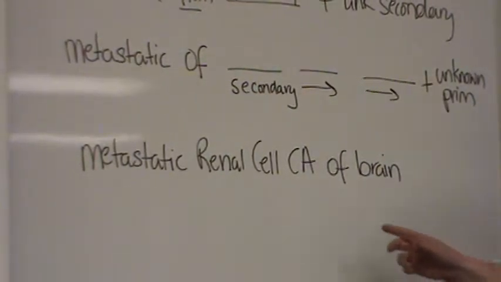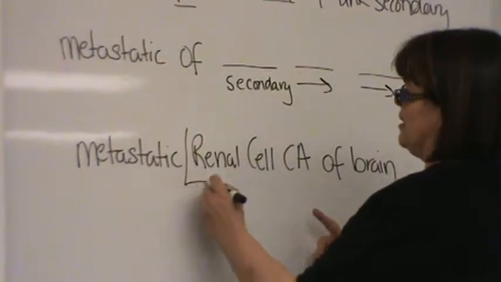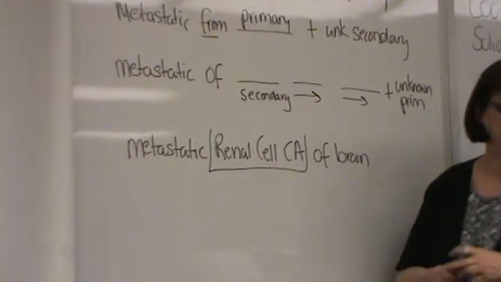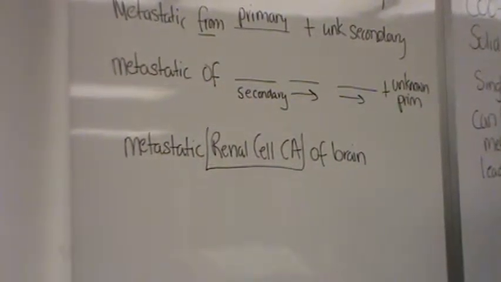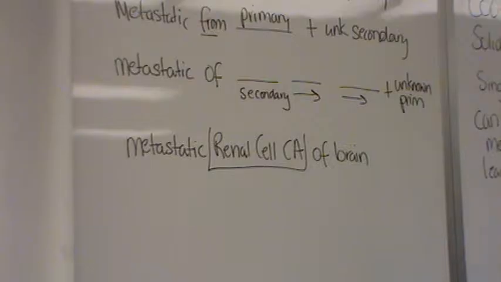Okay. So our goal here is to find out where does renal cell carcinoma usually start, right? So we're going to go in the index and look up carcinoma renal cell.